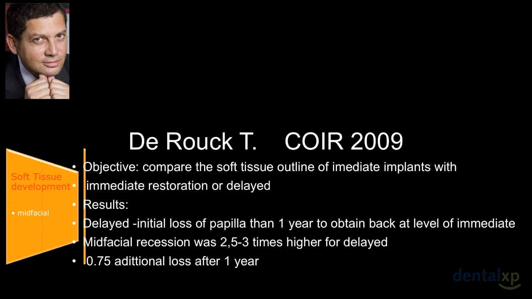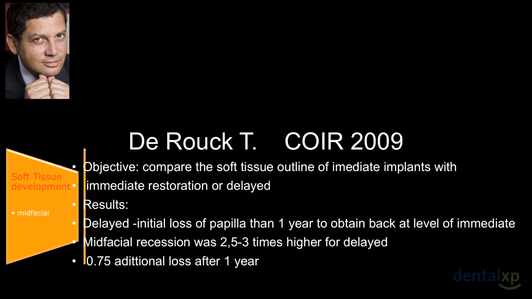So the question was if we can do an immediate implant placement to maintain the bone as we used to think in the past, but more than that, if we do an immediate restoration or a delayed restoration. De Rouck and his collaborators in COIR in 2009 showed that if we do an immediate restoration, we can diminish the mid-facial recession 2.5 to 3 times compared to a delayed restoration.